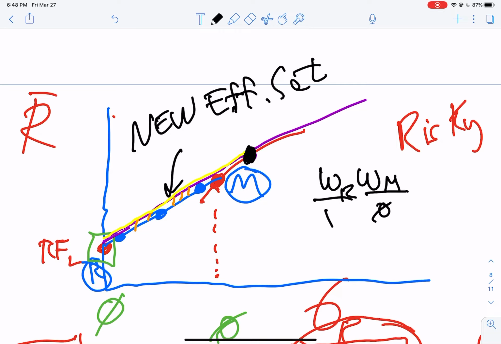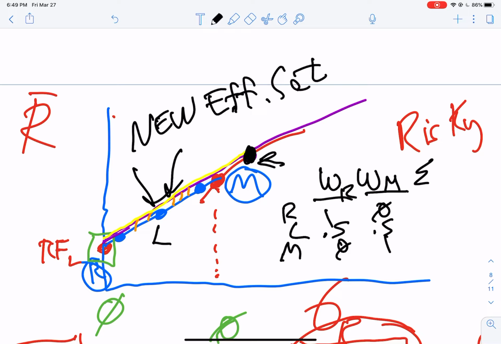Okay, that's portfolio R. Portfolio M involves everything in M. If we're at R, that's everything in R. If we're at M, right there, we've got everything in M and nothing in R. Okay, but we could also be at this point right here, and I'll call it L. L would be 0.5 here and 0.5 there. So the weights have to sum to 1. The sum of the W's, of course, is 1.